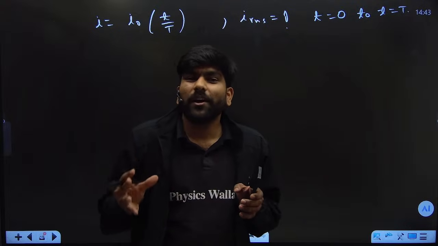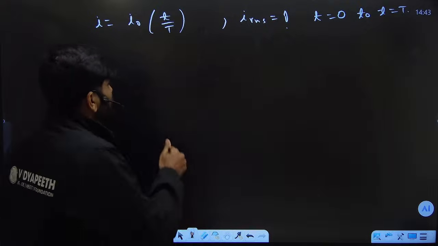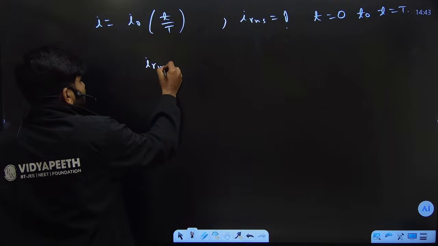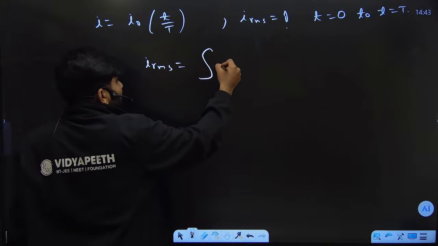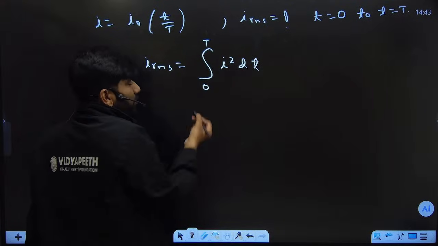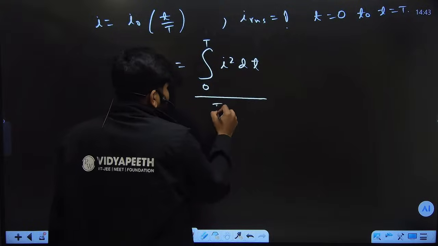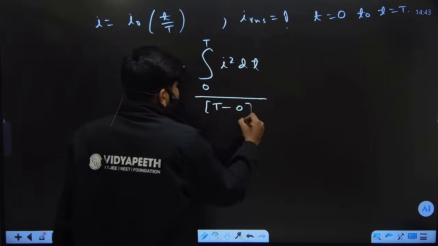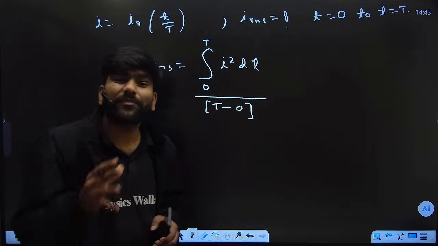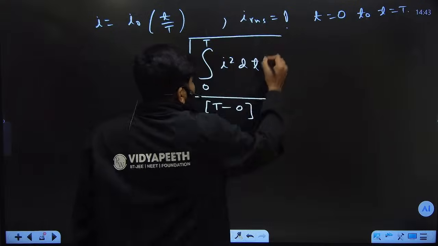Now, what is the basic formula to find the RMS value of the current? We know that the RMS value of the current is basically the integration of I square dt. Since they are asking it from 0 to T, we will put the integration limit from 0 to T divided by the total time period, that is T minus 0. This is how we find the RMS value of current. But what I am forgetting here, we should put a square root of it.